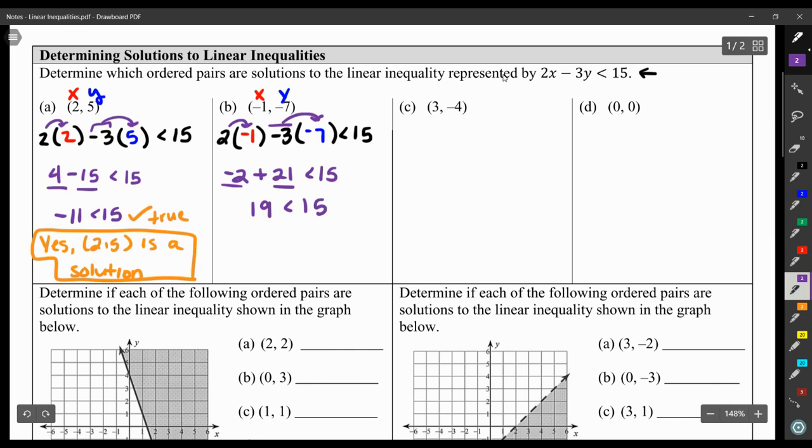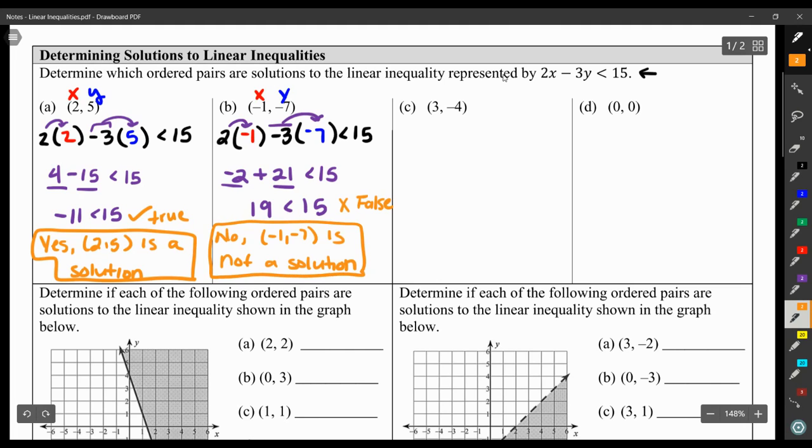Then we check, is 19 less than 15? No. This is a false statement this time. Because 19 is not less than 15, no, (negative 1, negative 7) is not a solution. Again, it's not a solution, it's not the solution. Pause the video, try letters C and D.